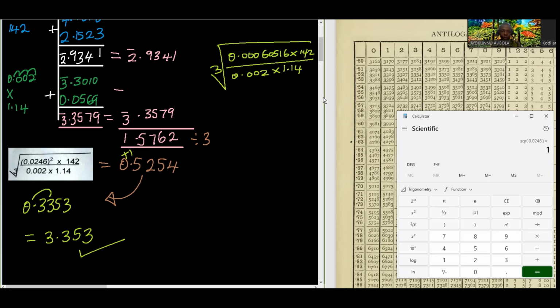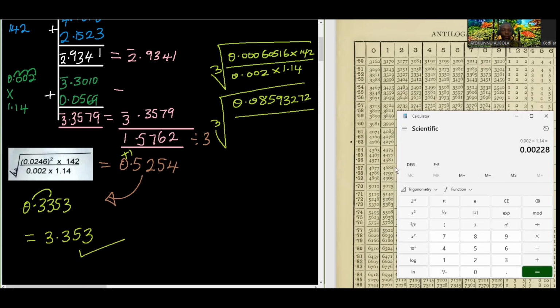So let's multiply times 142. This gives me 0.08593272 divided by what the denominator is going to be, cube root. So I have 0.002 times 1.14 at the bottom.